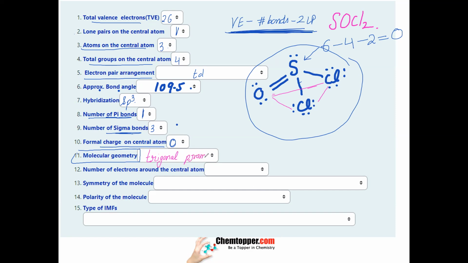If out of 4, 3 are atoms and 1 is a lone pair, then it is trigonal pyramidal. Number of electrons around the central atom? Shashank is saying 10. Yeah, he's right. Symmetry of the molecule? Not symmetrical, distorted by lone pair. Atoms are also different. Molecule is polar or non-polar? Polar, yes. Type of IMF? Yes, dipole-dipole and LDFs. Very good.